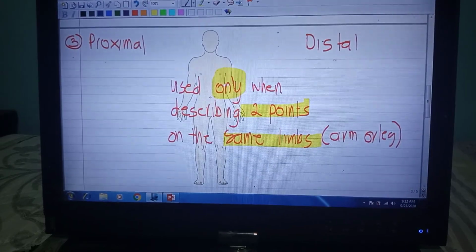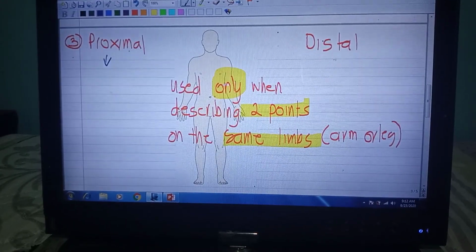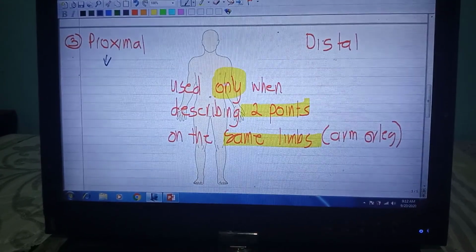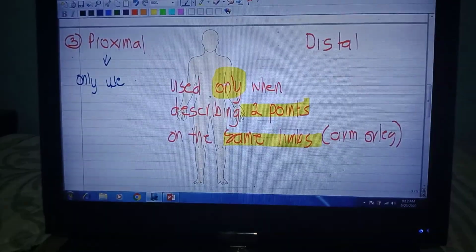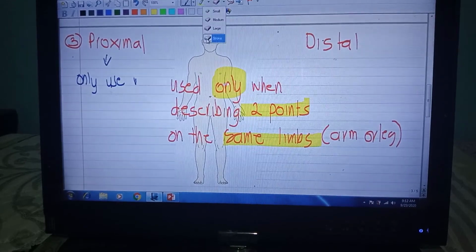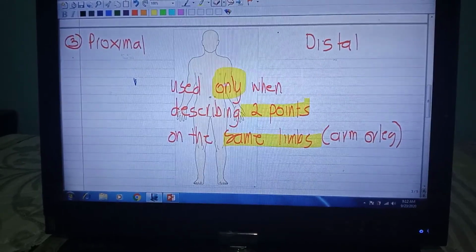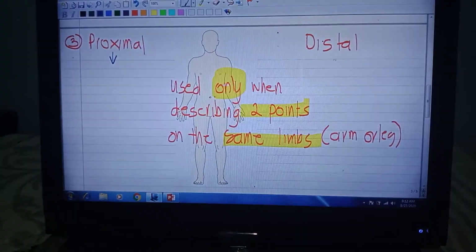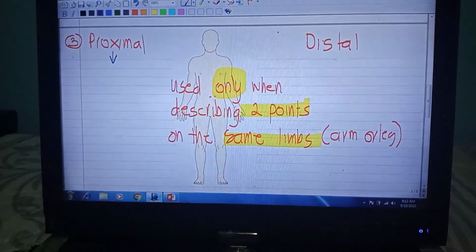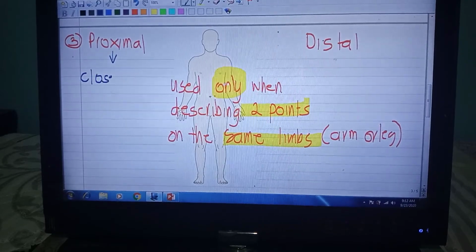Take note, dito tayo sa proximal. Nasulat ko na pala yan. Paulit-ulit eh. Sorry. Proximal, closer.